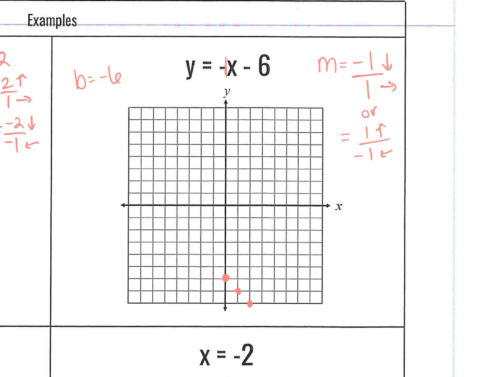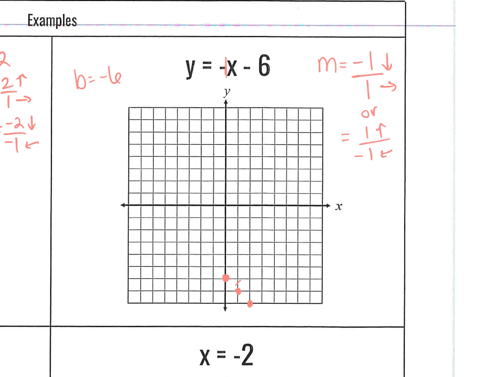Well, that's not really enough to make a line, so we're going to do our opposite of going up 1 to the left 1, up 1 to the left 1, up 1 to the left 1. And then I'm going to go get my straight edge. If these 3 points work for you, great, but most times it's going to mess up if you don't get all the right points.